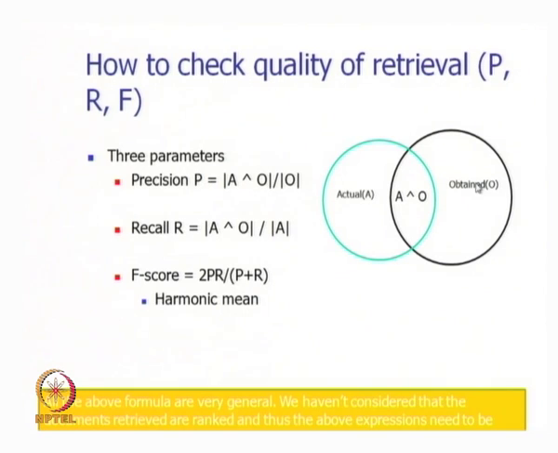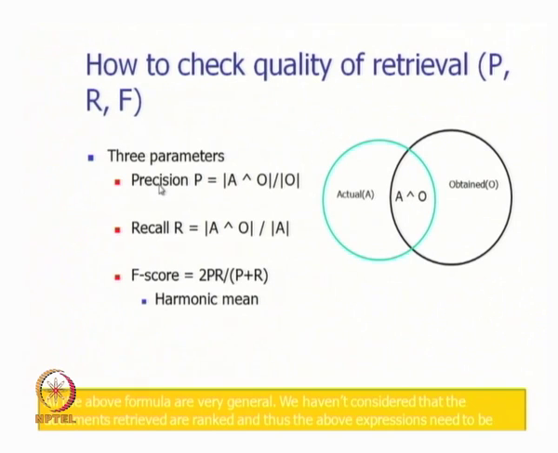We call it the set O. A and O. Now, it is conceivable that A and O, the actual set of things and the obtained set of things, intersect and produce this region. This is called the region of intersection between A and O. So, this is the region where the obtained documents or obtained entities and the actual entities agree.